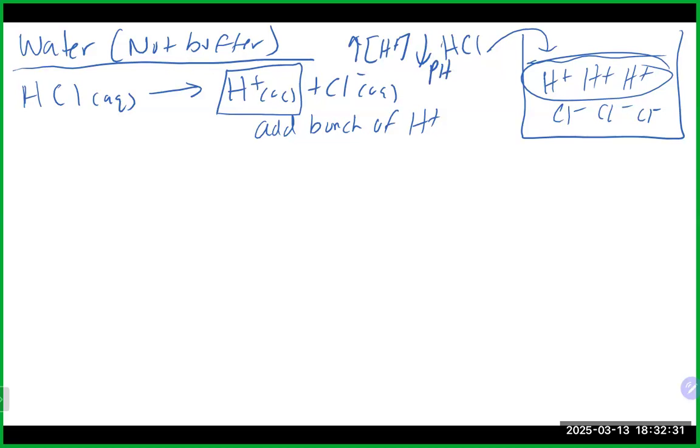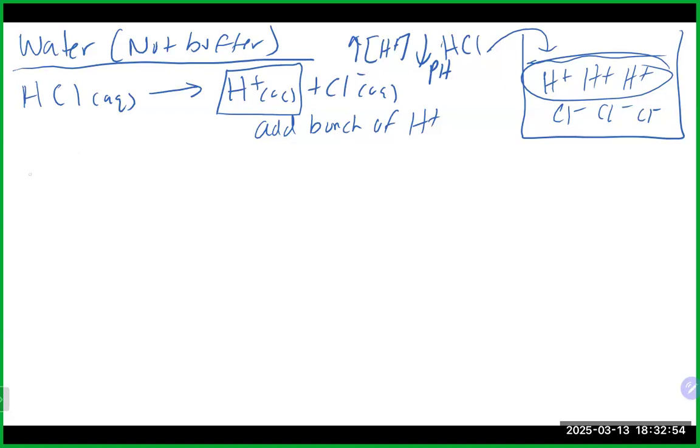So here you would see perhaps a jump from a pH of water, which is not really 7, usually it's more acidic, but we'll go with a pH of 7 for water. And maybe it drops all the way down to like a pH of 1, because you added a bunch of H plus really, really quickly in there. That is why water is not a buffer, because you would see a pretty big jump in pH. It wasn't able to maintain it.